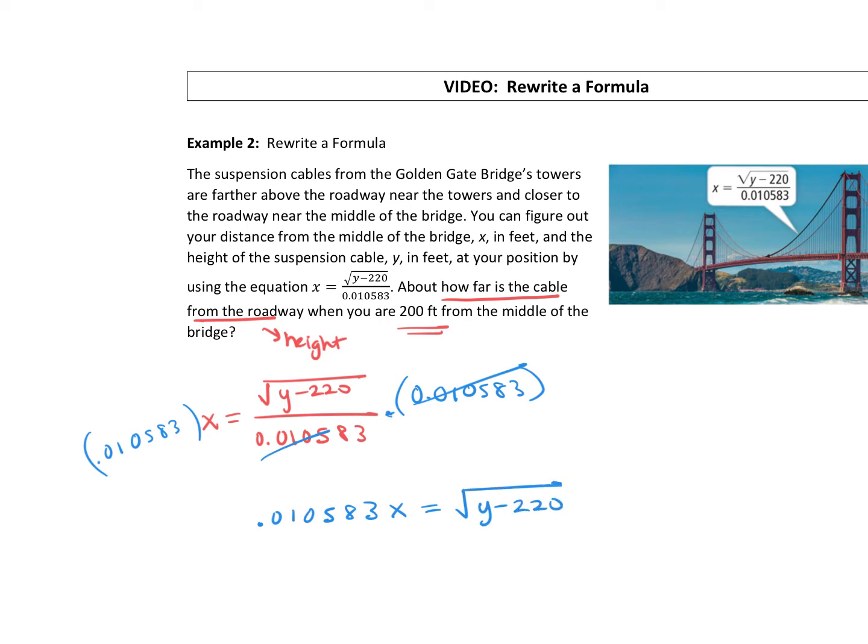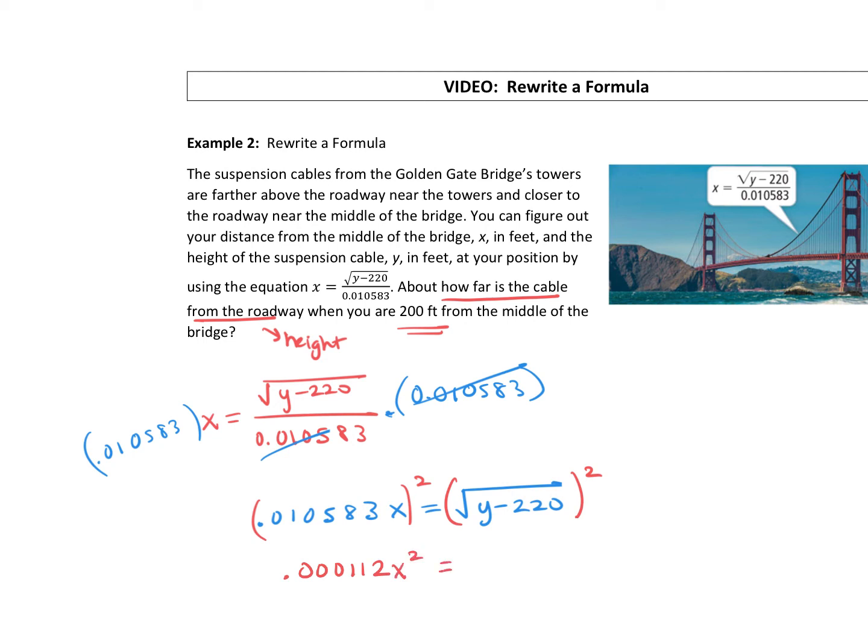All right, so we are solving for y. At this point we have an isolated radical, so we are going to square both sides to undo the square root. When we square the left side, we're going to square this decimal and we're going to square the x. So if you square that decimal, you get 0.000112, and when you square the x, you get x squared.